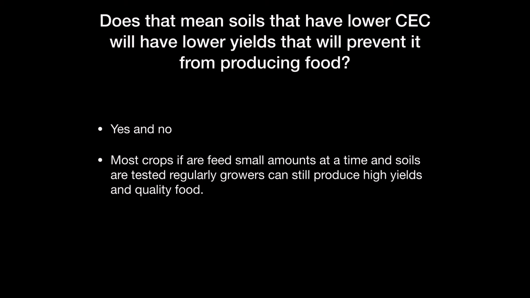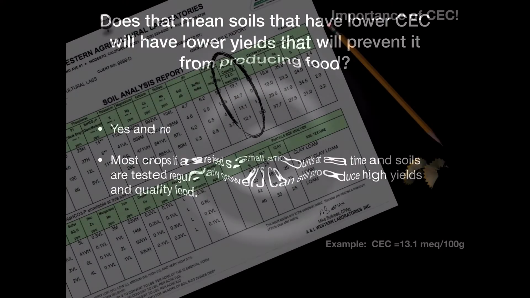For instance, most crops only need small amounts of nutrients at any one time. And if you have your soils tested on a regular basis, you can still produce high yields and a top quality crop as well. So you can make them actually hold their nutrients.